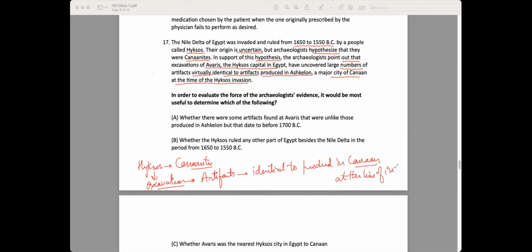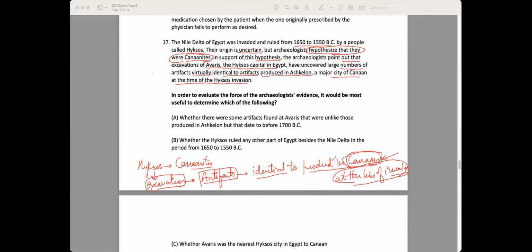They came from Canaan. And on what basis are we saying that? What is the basis of saying that they were from Canaan? That when we excavated Hyksos, a lot of artifacts were found, and a lot of those artifacts were identical to those produced in Canaan at the time of invasion. So at the time when the invasion happened, some artifacts were produced in Canaan, and very identical artifacts were excavated in Hyksos.